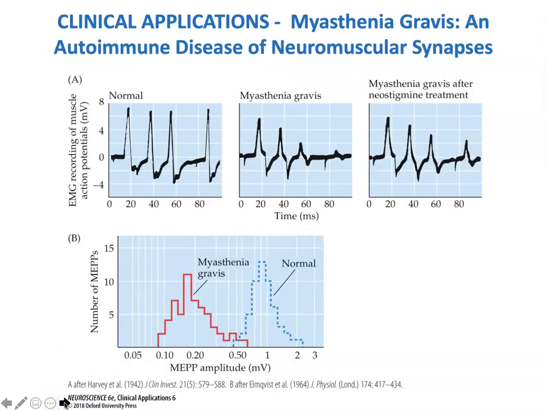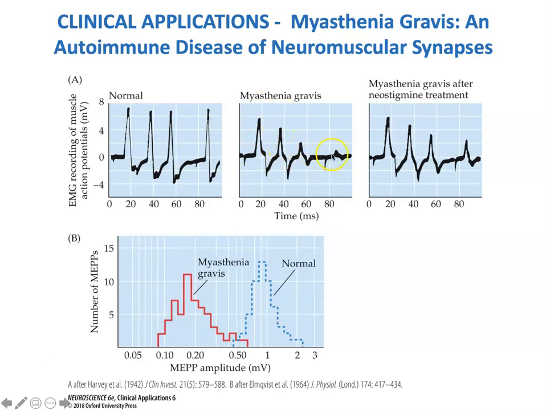Here, from this particular chapter, and going along with what we've already introduced about myasthenia gravis, I'm just showing you how the actual function of the synapse is affected. Here are normal postsynaptic responses for an individual that does not have myasthenia gravis. But when you look at the postsynaptic response in individuals that do have it, the action potential peaks are much more reduced.